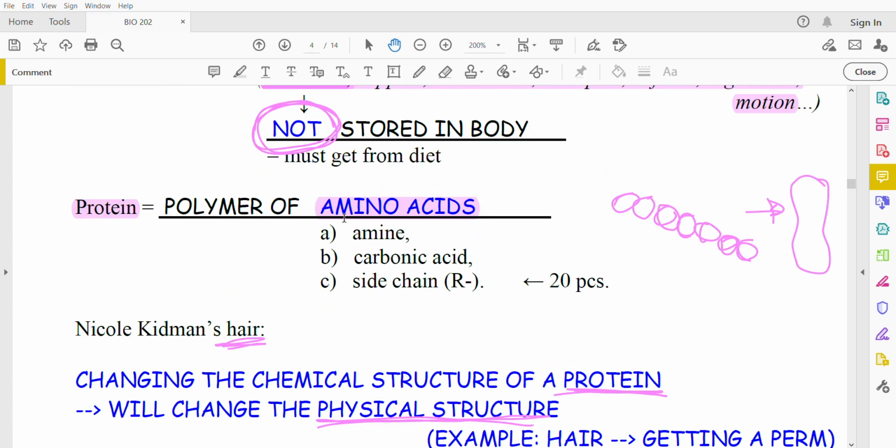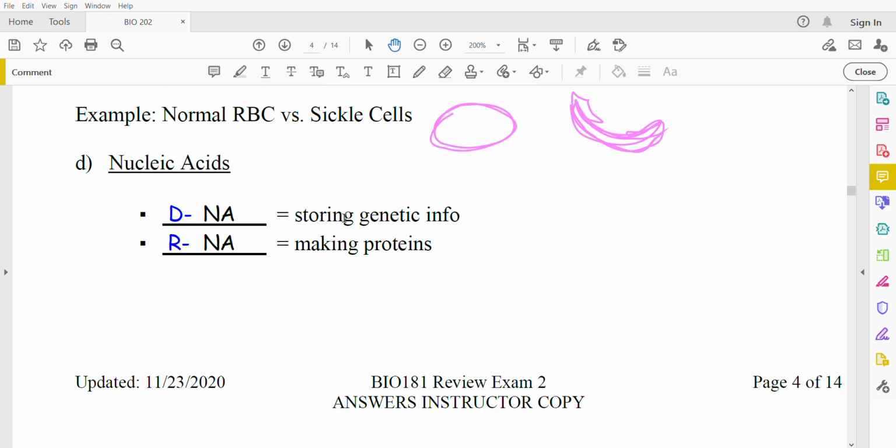I think the fourth group that I had included in these biological macromolecules was our nucleic acids. So let's talk a little bit about nucleic acids, what they are and why they are important. If you think of DNA and RNA, the NA there stands for nucleic acids.